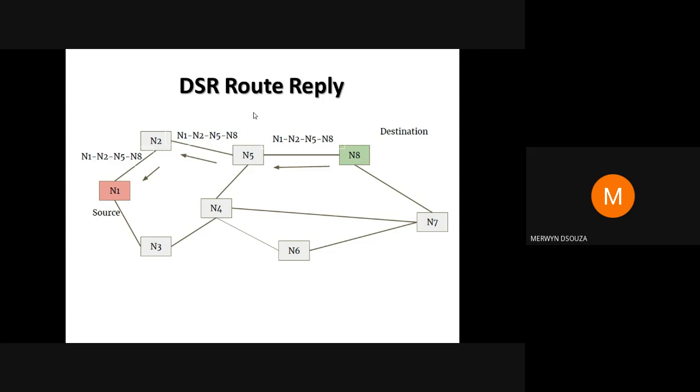This kind of routing is such that routes could be made on the fly, meaning they could be made as and when they are needed. You need not have all possible routes or all possible destinations stored in the table first.